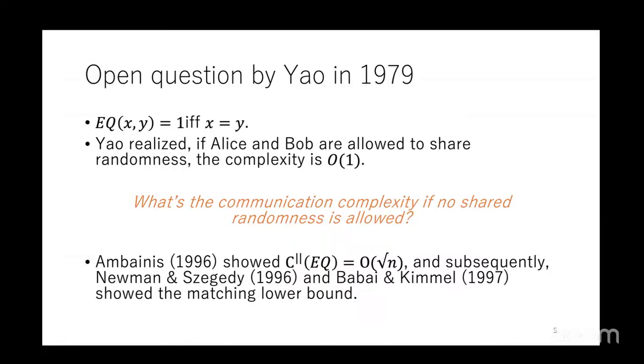In the 1990s, Ambainis first showed an upper bound of order root n bits of communication. Subsequently, Newman, Szegedy, and Babai and Kimmel showed that the bound is tight. So the open question by Yao in 1979 was solved.